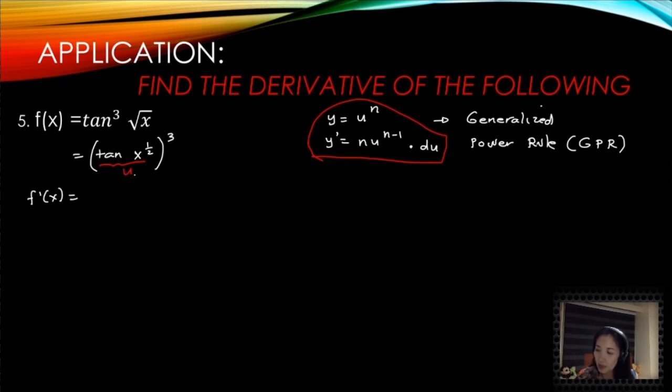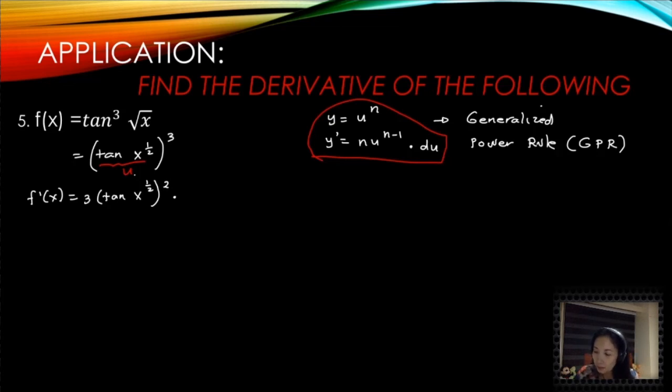Applying the generalized power rule here, the exponent 3 times u, which is tangent of x raised to 1/2, raised to 3 minus 1, which is 2, times du. However, our u itself takes the form tan u.